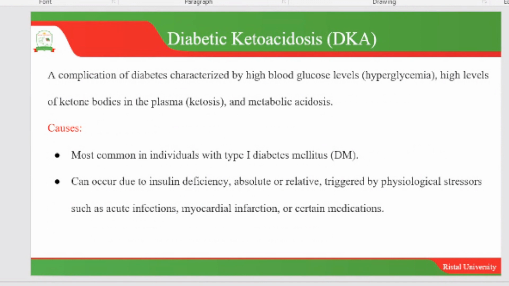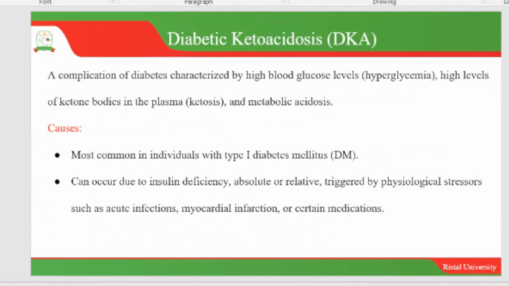Let's look at diabetic ketoacidosis, or what is known as DKA. This is a complication of diabetes that is characterized by high blood glucose levels, known as hyperglycemia, high levels of ketone bodies in the plasma, known as ketosis, and metabolic acidosis.